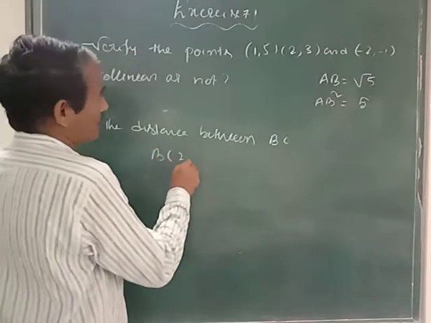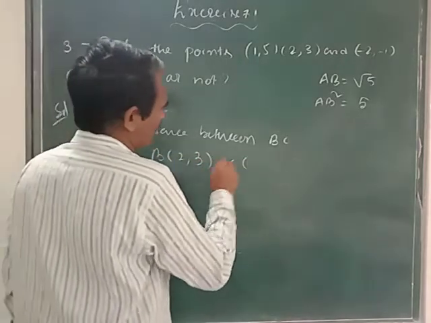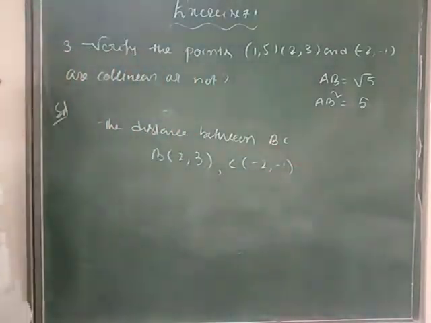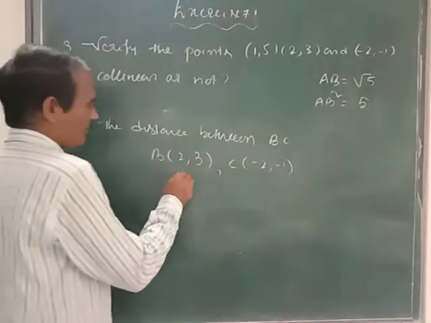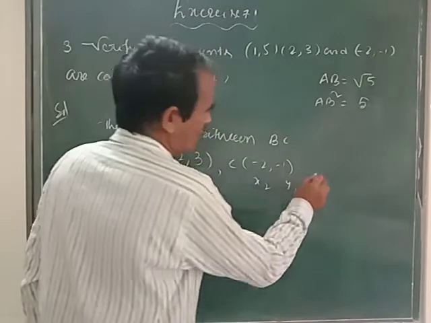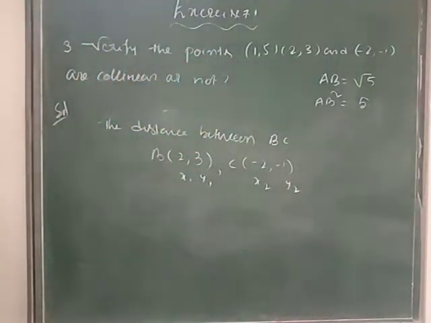The right of points is 2, 3, and C is minus 2, minus 1. Then we have to write x1, y1, x2, y2. Are we clear? Now we are finding the distance between BC.